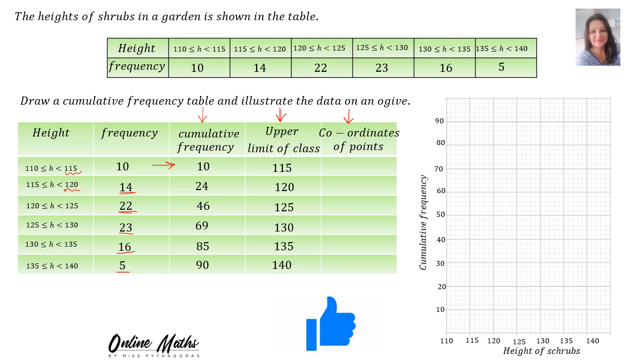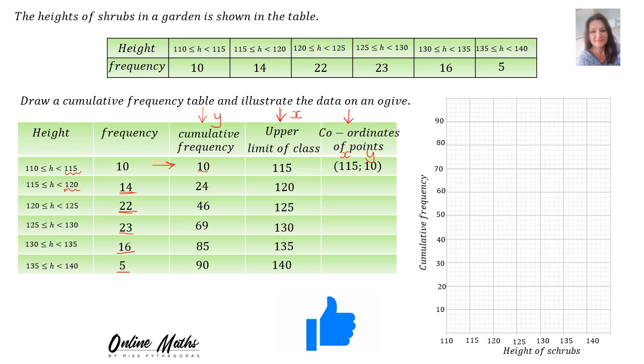Now the coordinates to plot: the x-coordinate is the upper limit of the class, in this case 115, and the y-coordinate is the cumulative frequency, which for the first class was 10.